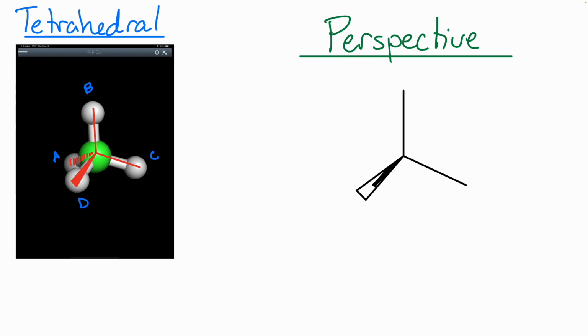These dashed and wedged bonds are a very common way to show molecular geometry. When you go on to organic chemistry, you'll see these things all over the place. All right, so this is our tetrahedral here in this perspective drawing.